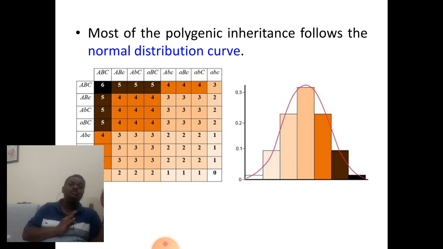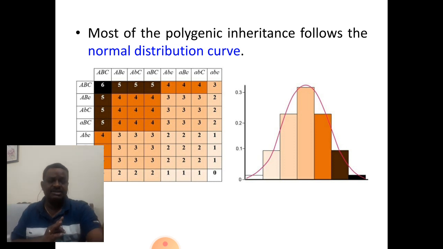Then 1 and 5 are around 6 on either side, and 1 individual with 6 dominant alleles and 1 individual with no dominant alleles. They are also equal on either side. So it is 1 is to 6 is to 15 is to 20, then 15, then 6, then 1. So stability is seen on either side. This is the importance of the normal distribution curve.